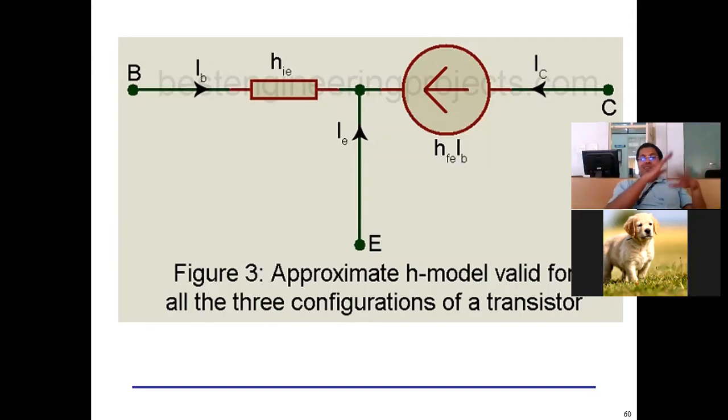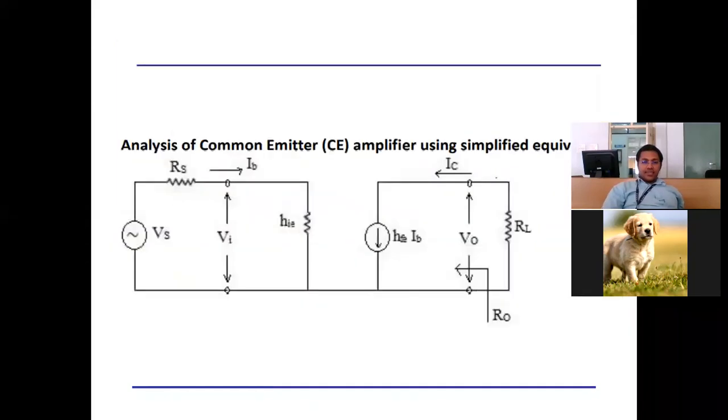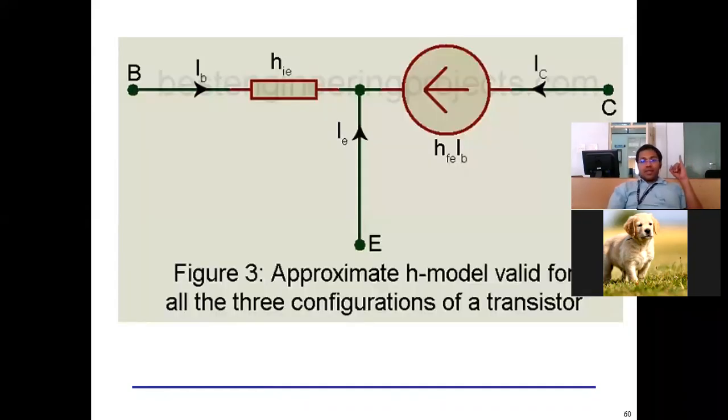Then, based on your convenience, rearrange your circuit however you want. Then your equivalent circuit is ready using the approximate H parameter model. Very easy. Now we have to do it for two transistors. So please remember HIE between base and emitter, HFEIB between collector and emitter for a transistor.